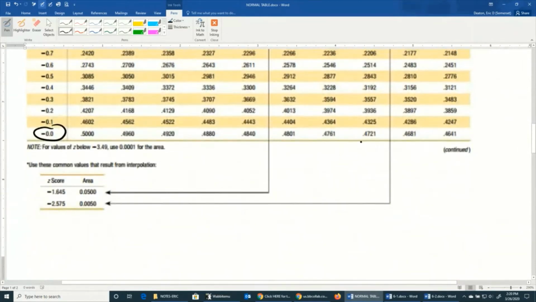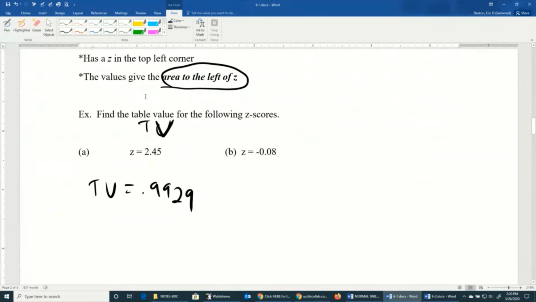So we go over, and it's that number right there, which looks like it's 0.4681. Now let's draw some pictures and see if this makes any sense.